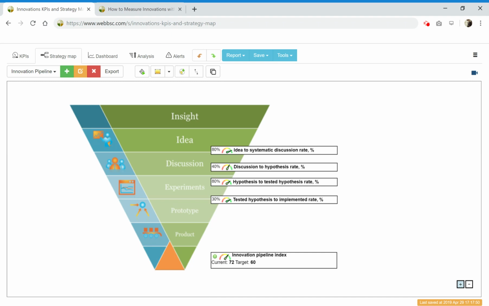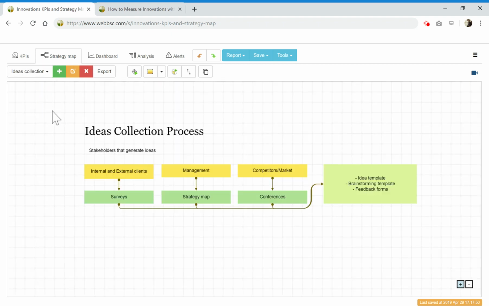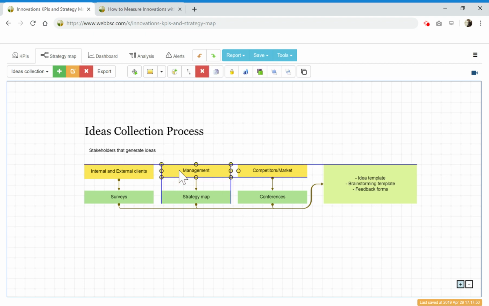Another level that we can look more into is these first two levels. Actually, I think they are among the most critical ones. So how do we get these ideas and how do we get these insights? In this case, we have to think about different stakeholders. Here I have internal and external clients, management, competitors, marketing, regulators.